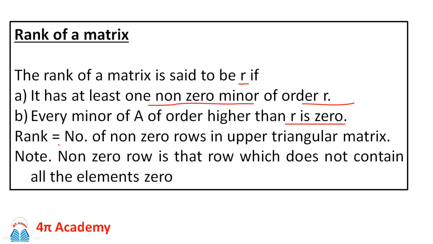So the rank of a matrix is equal to the number of non-zero rows in the upper triangular matrix. Note that a non-zero row is that row which does not contain all the elements 0.